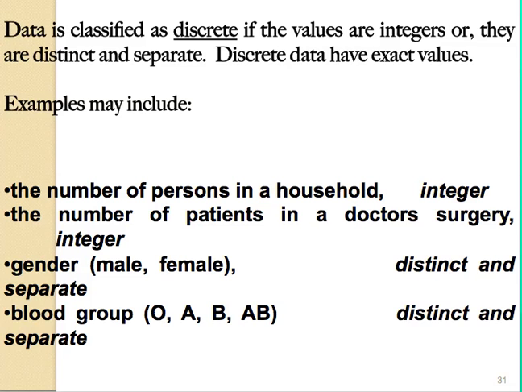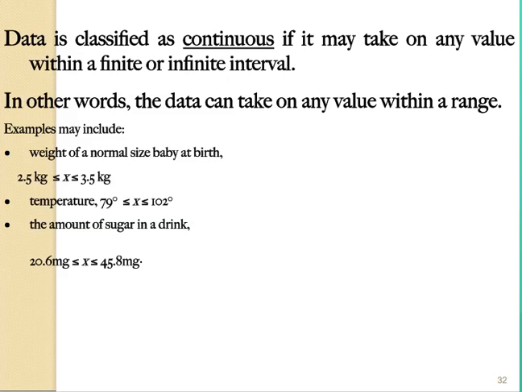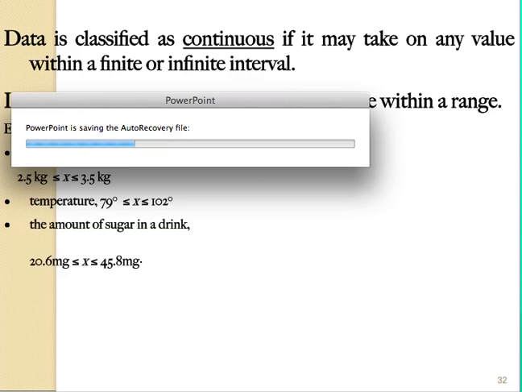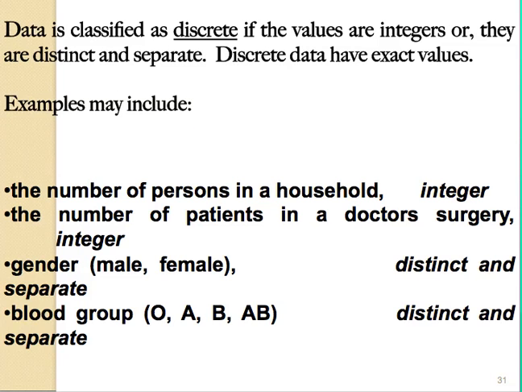Now, quantitative data can be broken down into either discrete or continuous. So earlier, the number of persons in a household is quantitative data, right? So quantitative data can either be discrete or continuous.